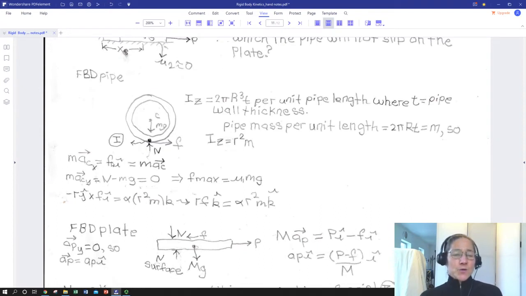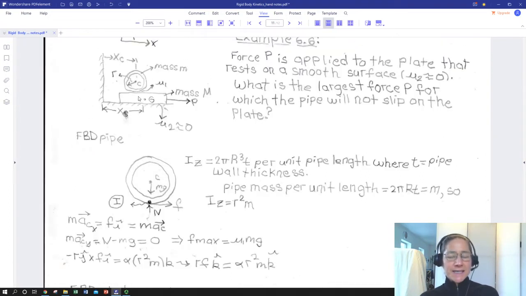So force sum, we have one force in the i-hat direction, and so it is going to be equal to the mass of the pipe times the acceleration of the center of mass in the x direction. So we have one force-acceleration relationship. We can look at the fact that the pipe is not sinking down into the plate and it's not flying off the plate.